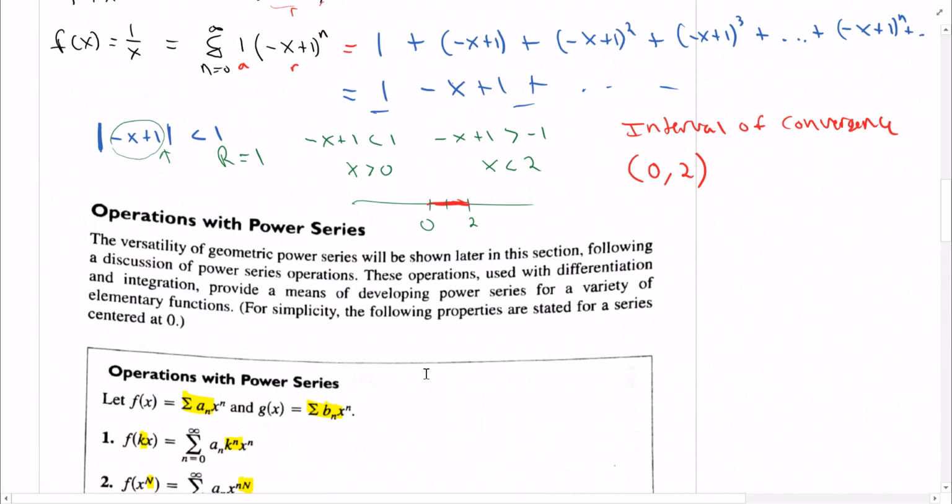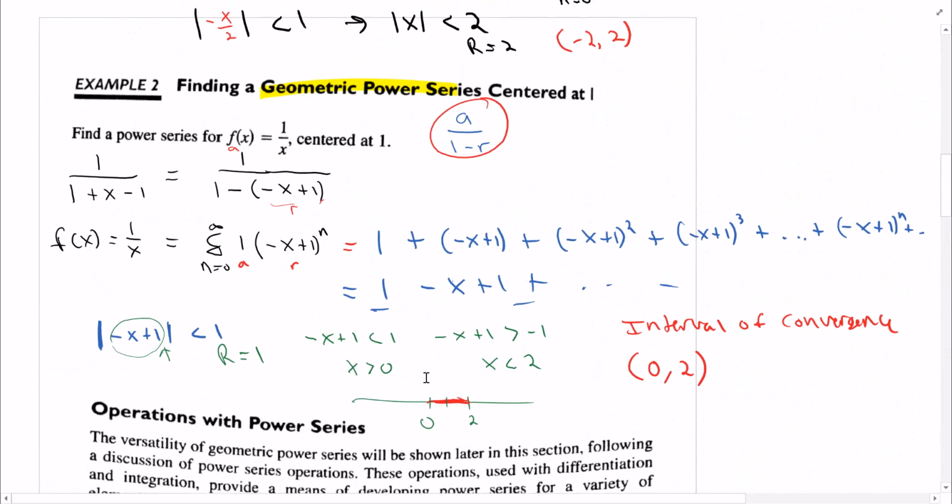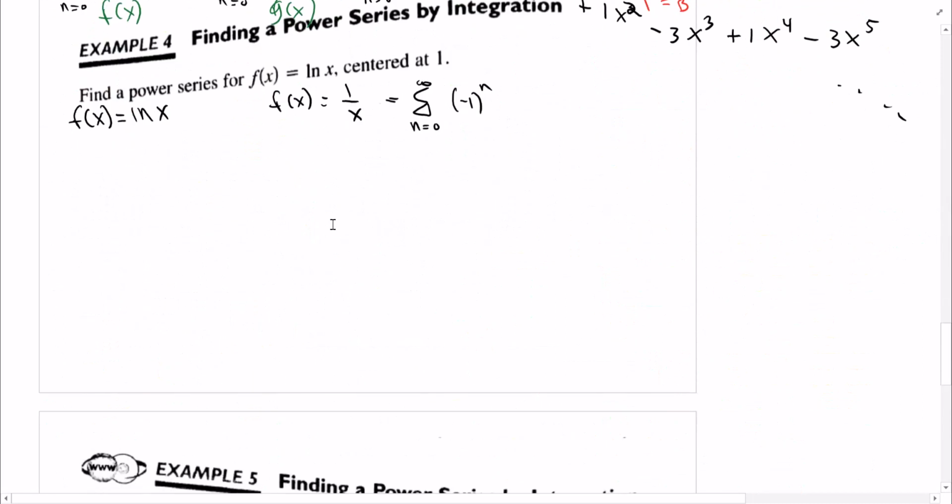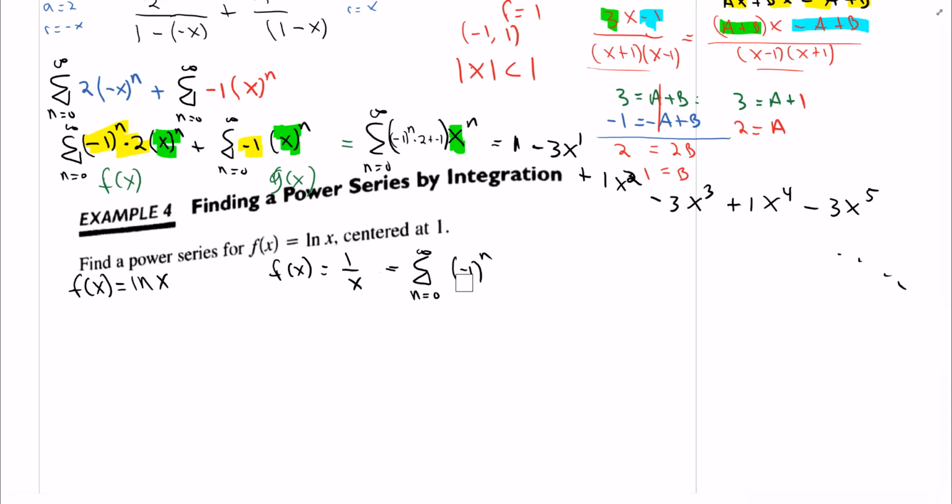Let's go back to that example 2. It's here, so negative x plus 1 to the n power. So let me erase this. Negative x plus 1 to the n power, like such.